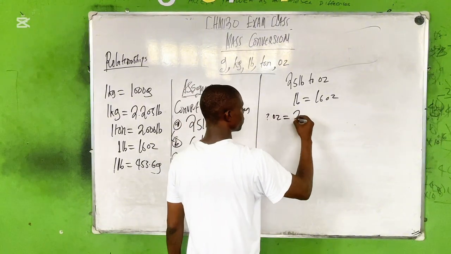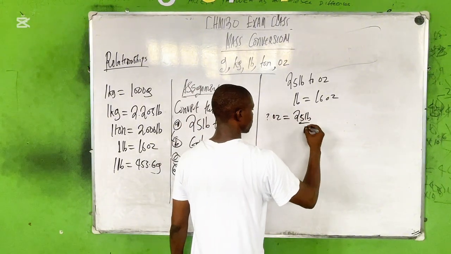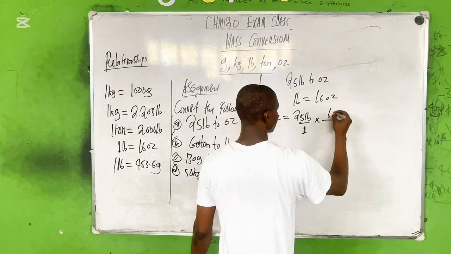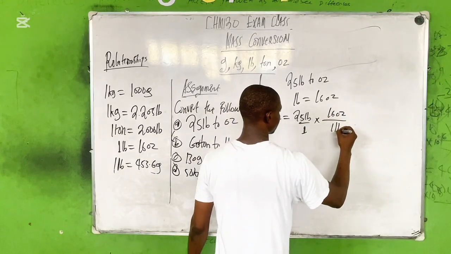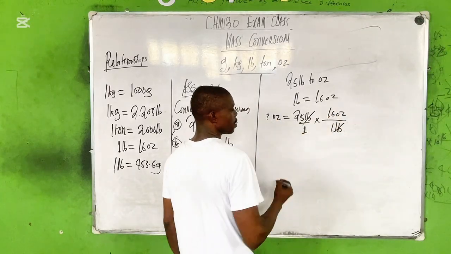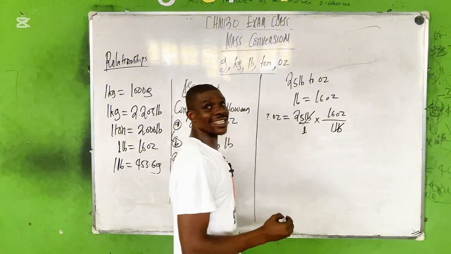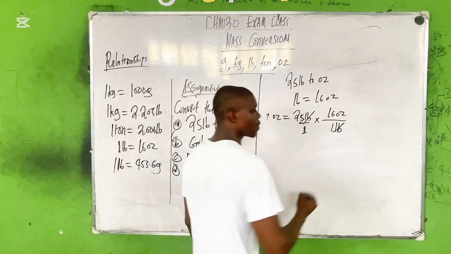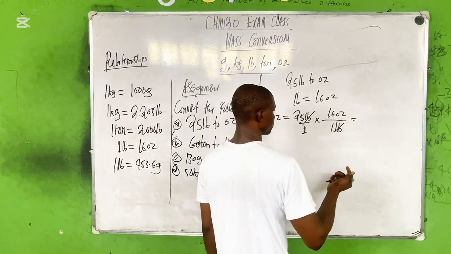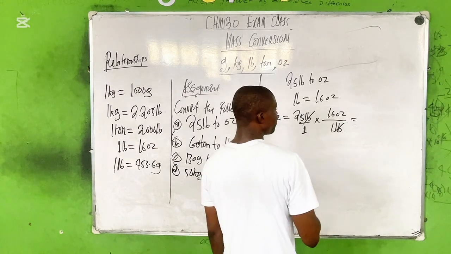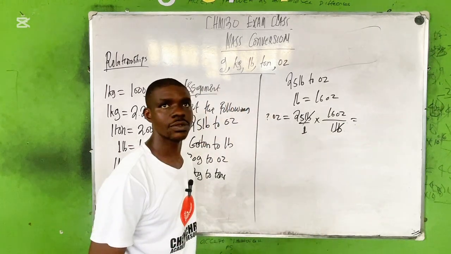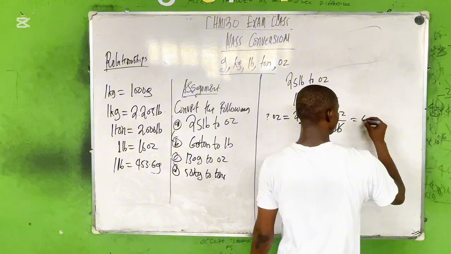Equals to what? Times. Right? Is it clear? Do you guys understand? Equals to what? 25 times 16 ounces is what? 400.